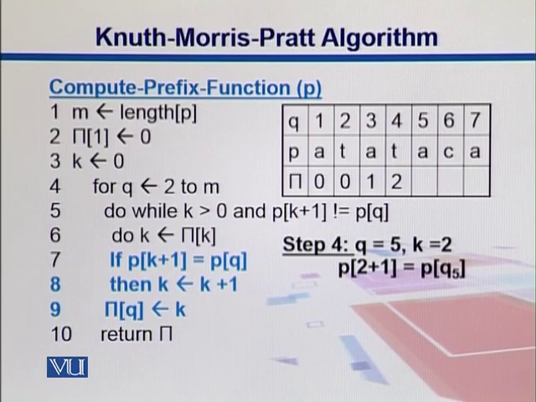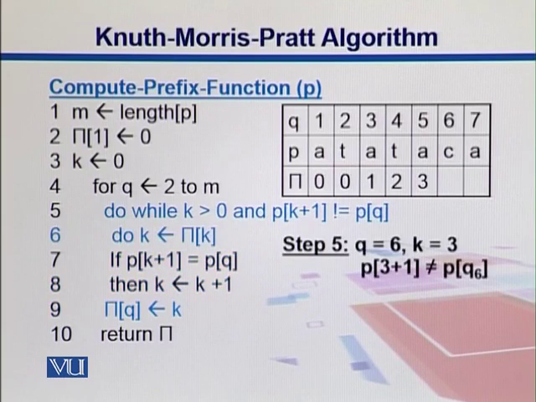So we will go into line 7 of this algorithm. We will update the K. So K becomes 2 plus 1, 3. And we will take that value 3 and store it in pi of Q. So right now pi of Q is pi at position number 5, so we will put this value 3 in position number 5.